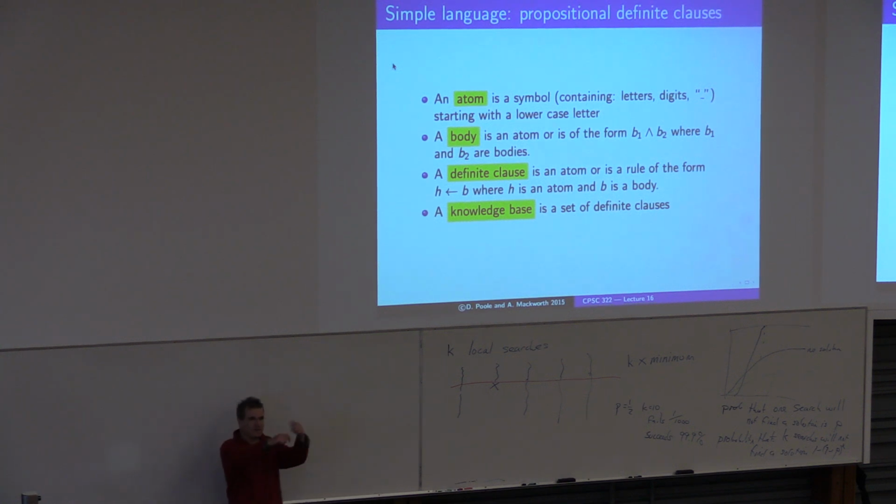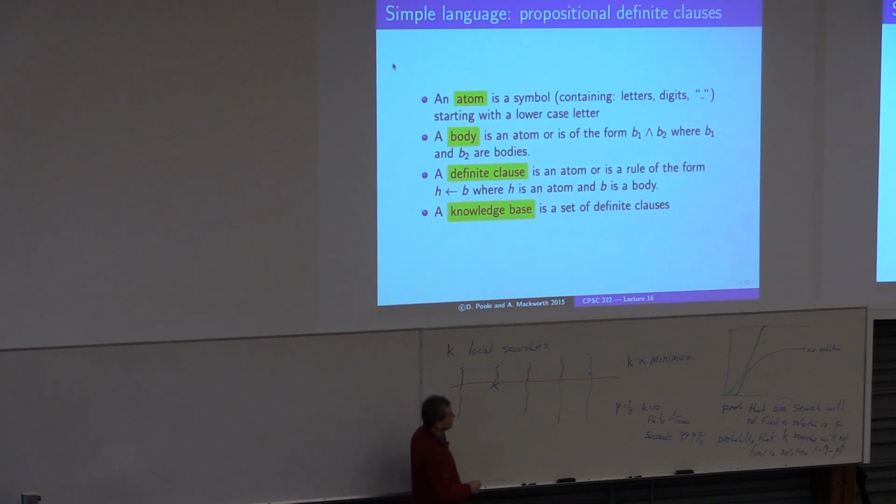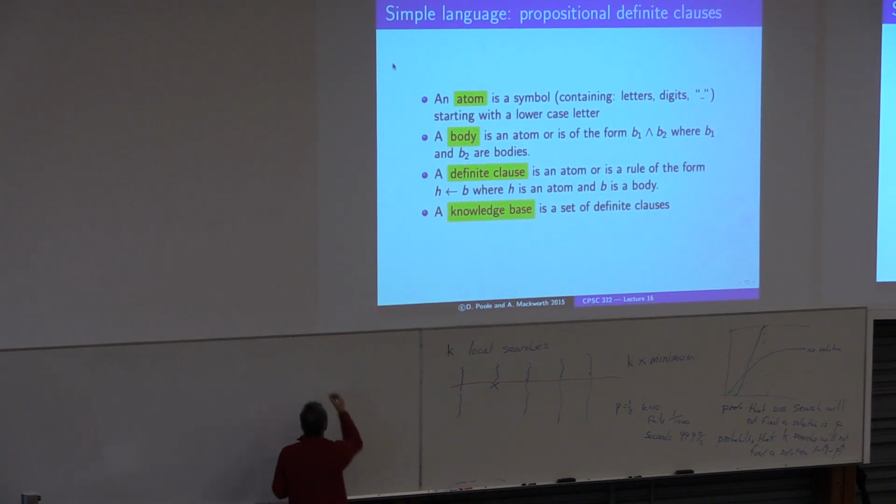So an atom is just some name: fred, mary, harold, something, light_7, things like this. A body is either an atom or a conjunction of atoms. So you can conjoin things together.